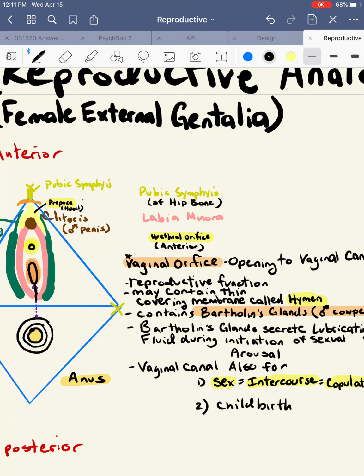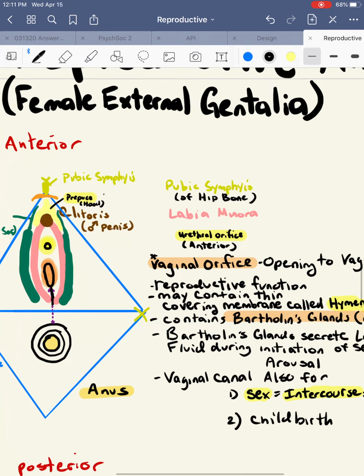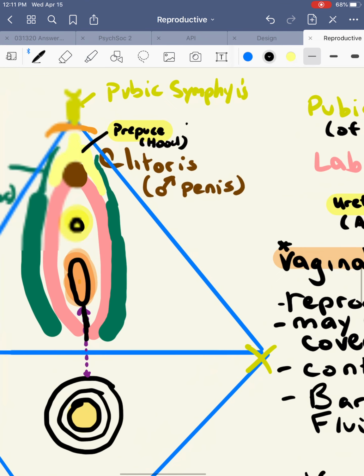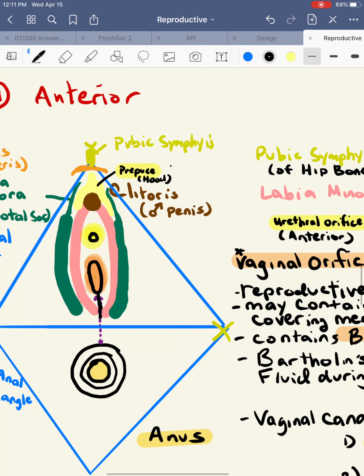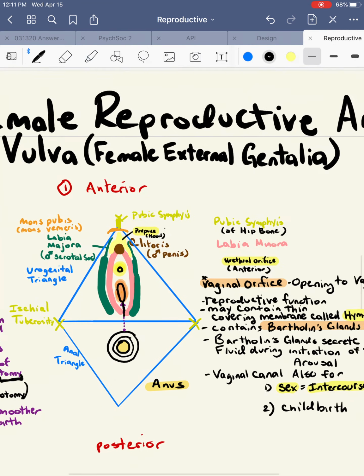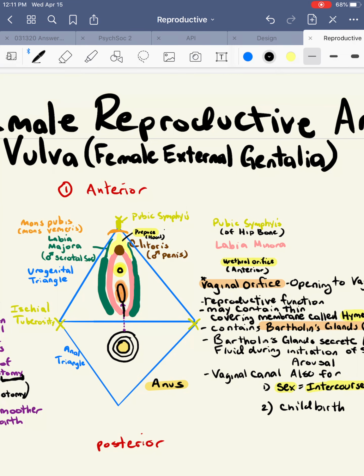There's also the Bartholin's glands, which you cannot see in this diagram. If you go into the vaginal orifice, which is into the vaginal canal, you are going to see the Bartholin's glands, and they secrete lubricating fluid just before sexual arousal.